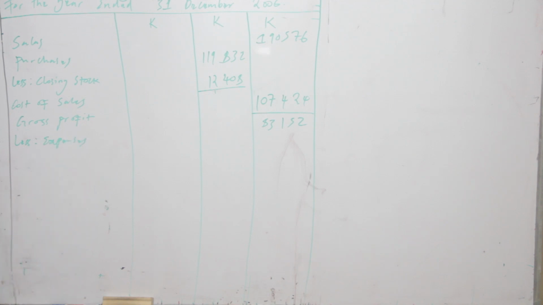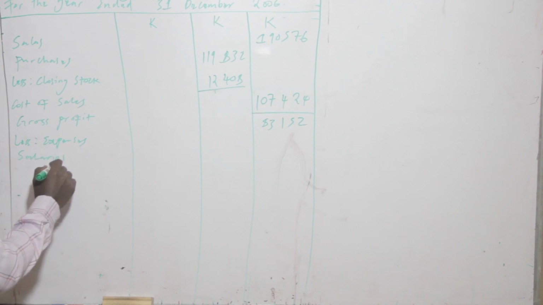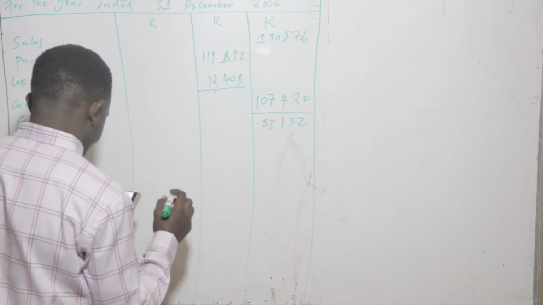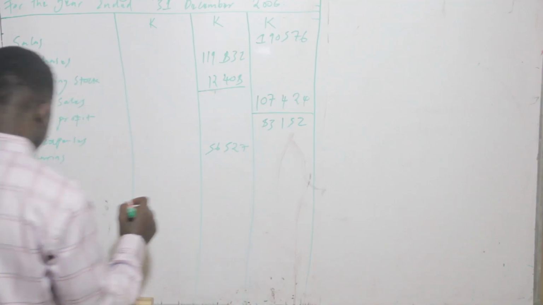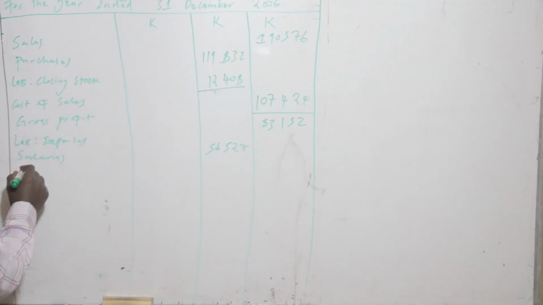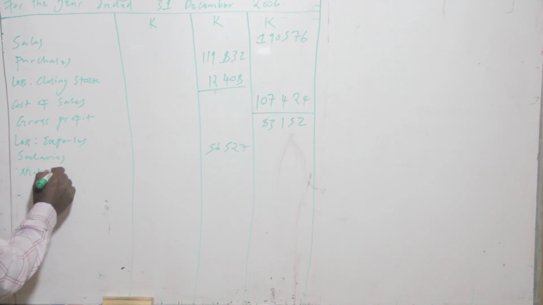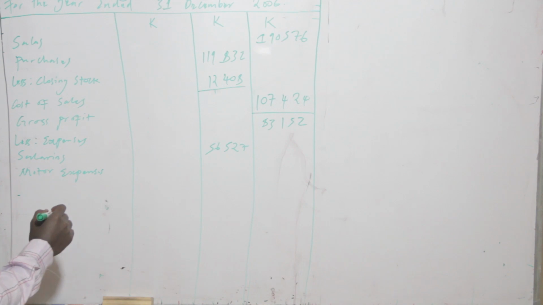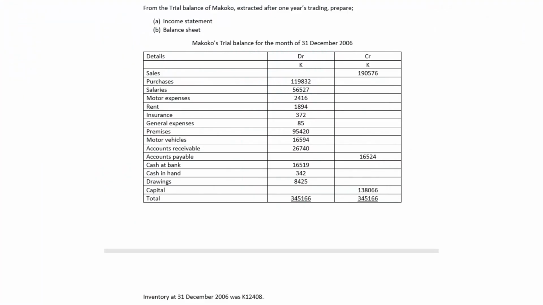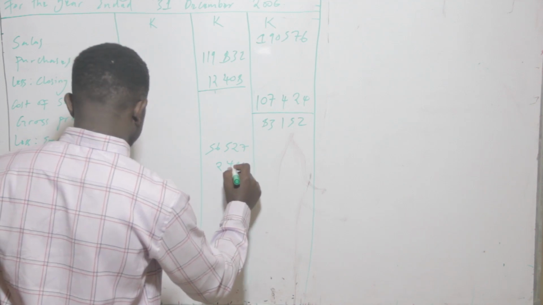And expenses here, we have salaries amounting to 56,527. Then motor expenses amounting to 2,416.